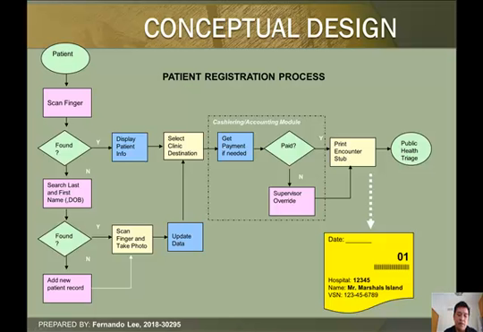If it's not found, then you have to add the patient, and you have to scan the finger, take photo, then update the data. And then if you are already registered, the system will just display the information, and the registration personnel just select which destination, which clinic the patient wanted to go.